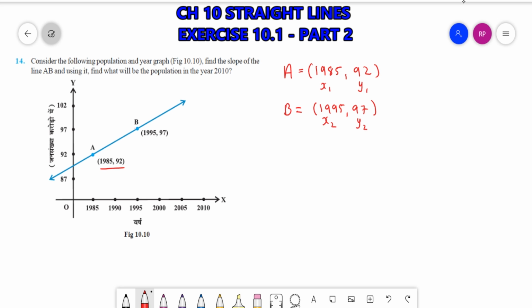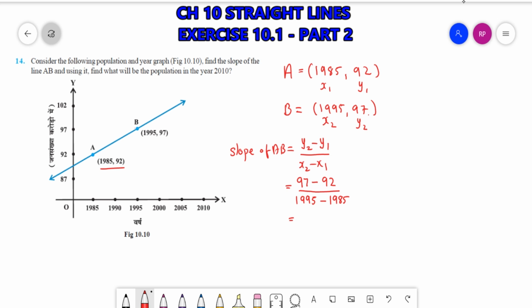Okay, the first question, that is slope of AB. Slope of AB will be equal to y2 minus y1 upon x2 minus x1. Y2, that is 97, minus y1, that is 92, upon x2, that is 1995, minus x1, that is 1985.